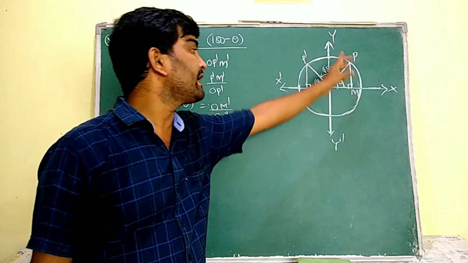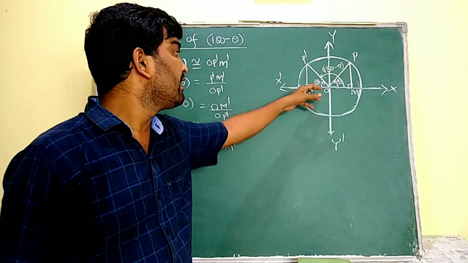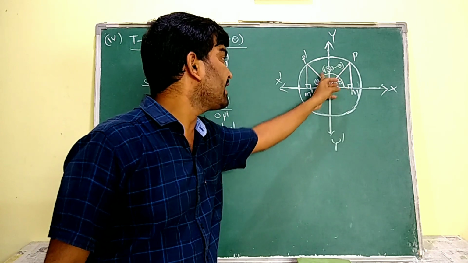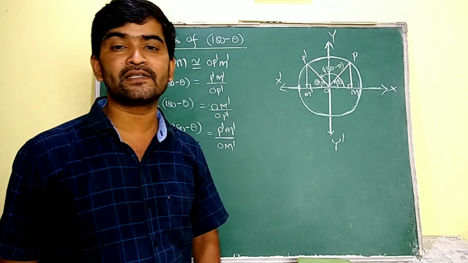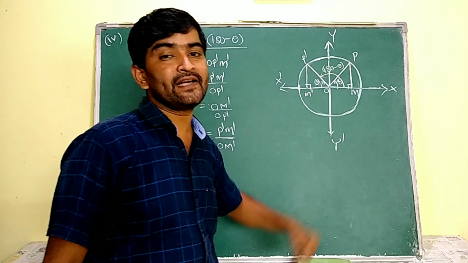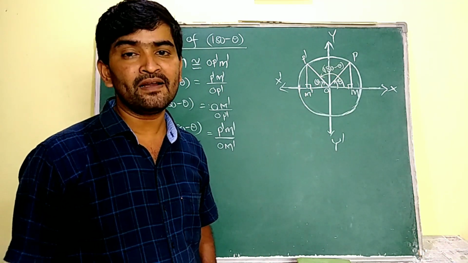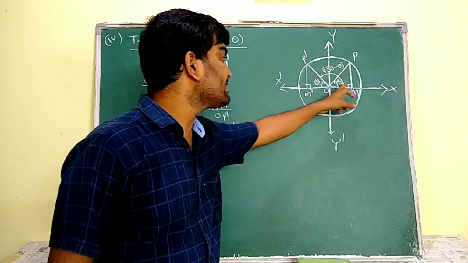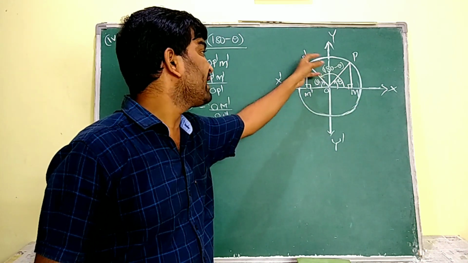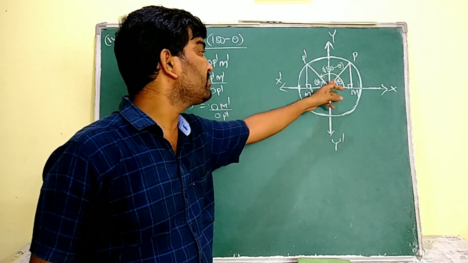So see, OPM, angle XOP is equal to theta as we discussed earlier. Okay, then if it is theta, this yellow colored line becomes 180 minus theta. So see, these two triangles are again congruent by the same angle side angle congruency rule. This 90 is equal to this 90 and this OP dash is equal to OP, and the angles are also equal.